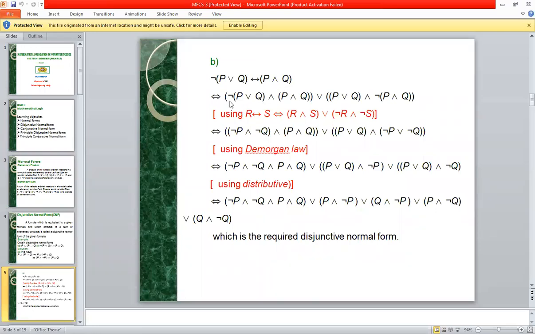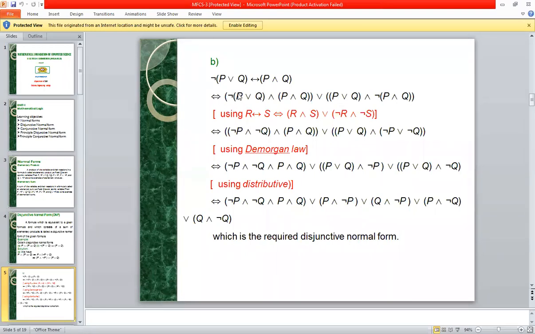So we get negation of (P or Q) and (P and Q), or (P or Q) and negation of (P and Q). The negation of negation cancels, and the remaining part is (P or Q) and negation (P and Q). Here we apply De Morgan's law.